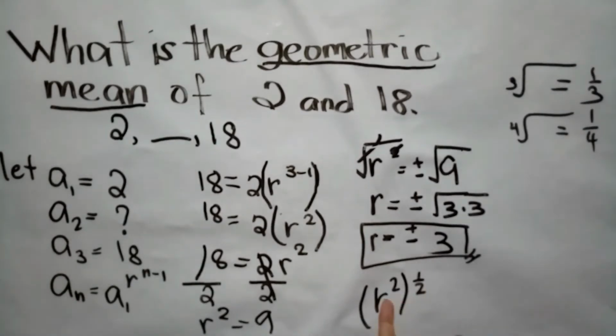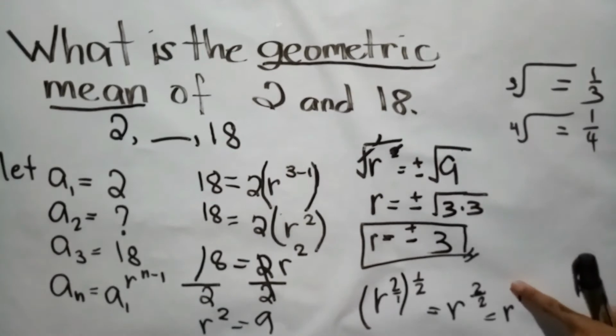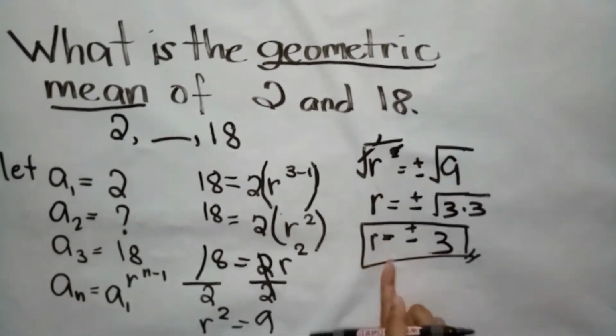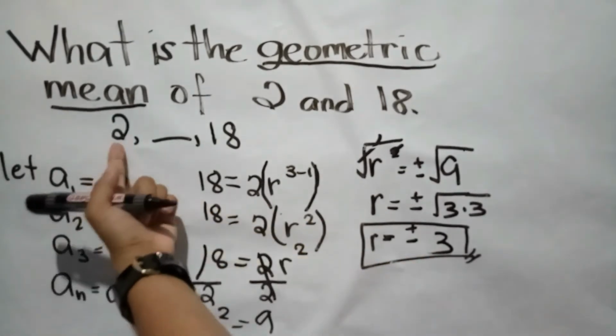So multiply the exponents: 2 times 1/2, that is 2 over 2, which is equal to 1. So we have r is equal to r to the 1, and we don't actually write the exponent 1. So we have r.